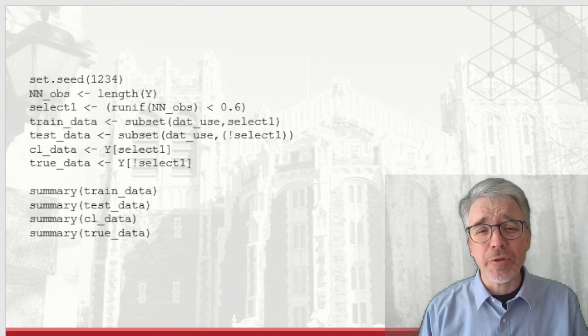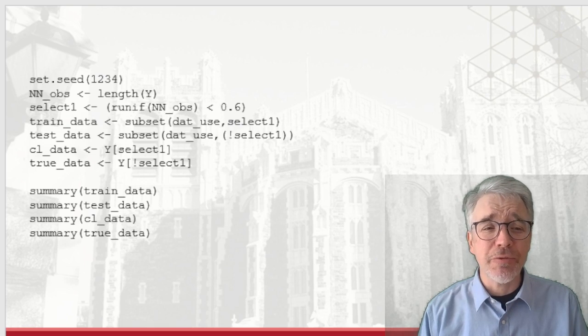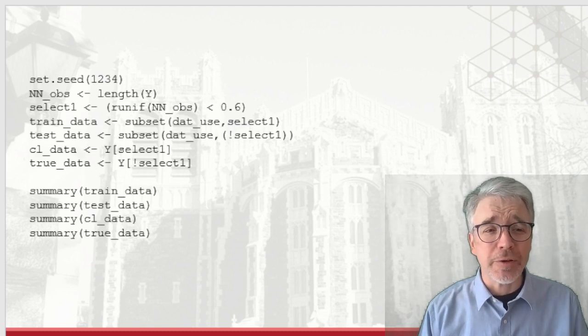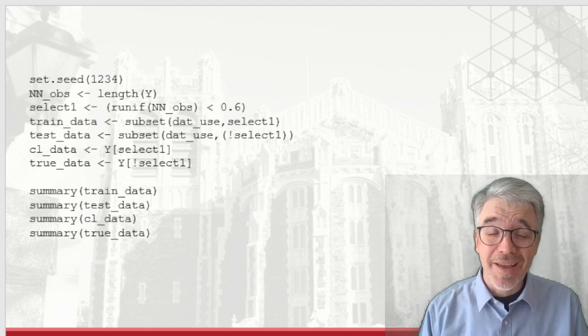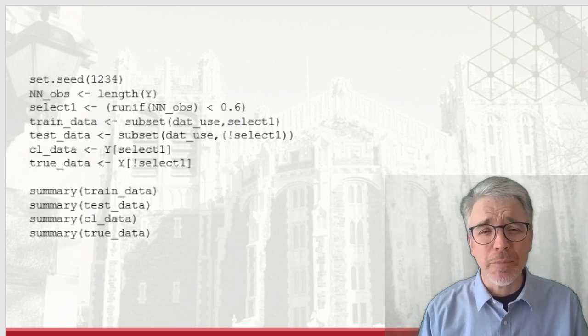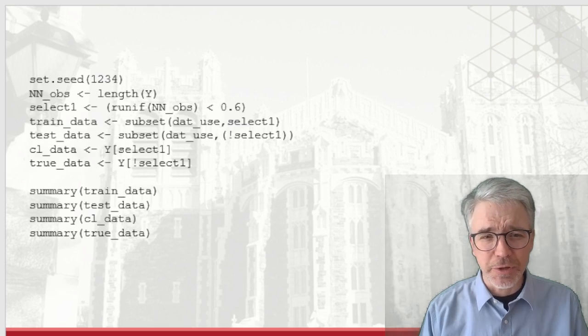If it's greater than 0.6, it returns a value of false. That's just a way of randomly splitting the data, so 60% goes in the training set and 40% goes in the test set. Then the lines give a summary of the data we're using, mostly so you can check that it looks okay. Not okay would be if there are lots of missing observations or the numbers are not between 0 and 1 like we thought we told it to do.